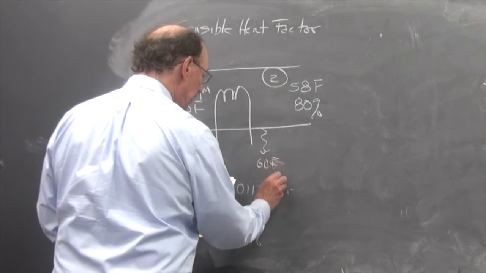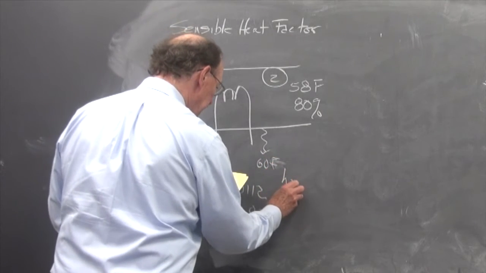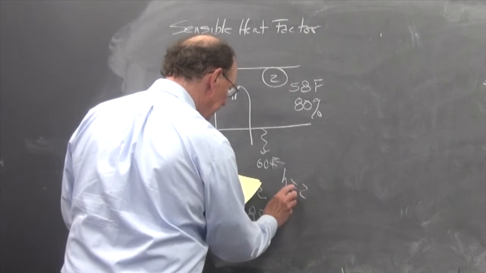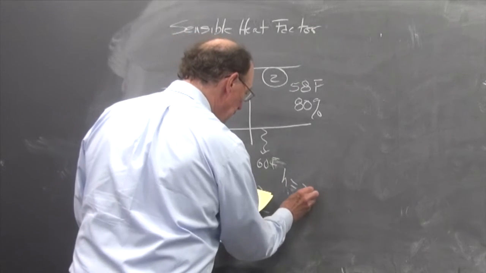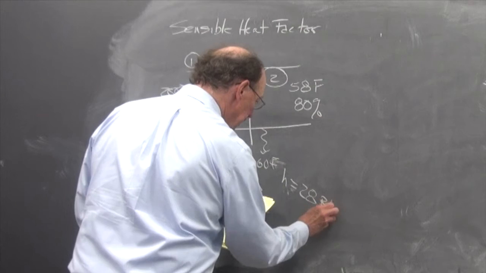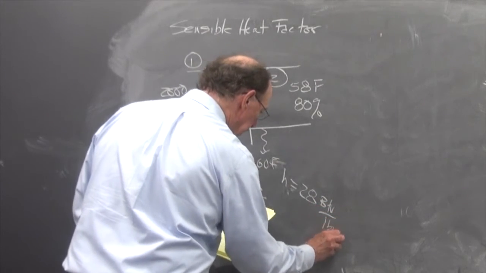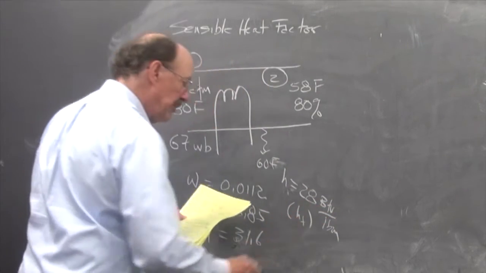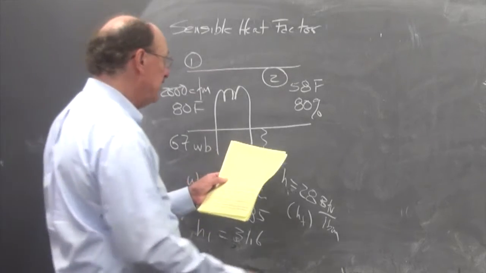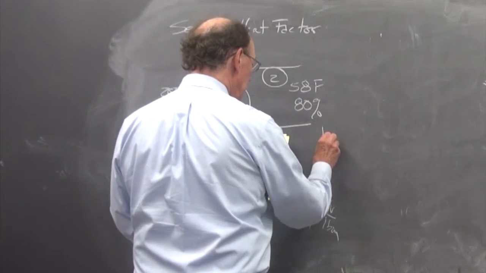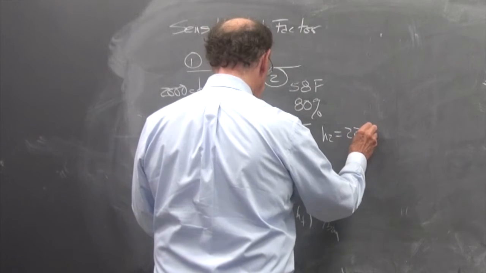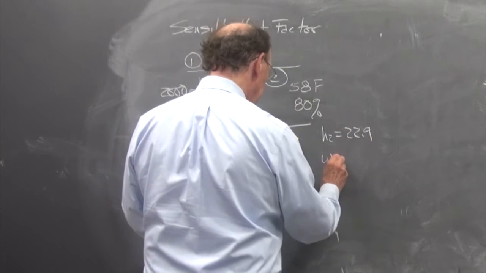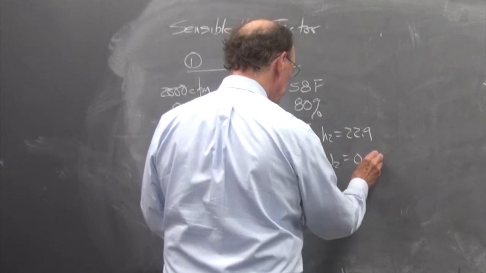At 60 degrees Fahrenheit, H is equal to 28 BTUs per pound mass. That's H sub f, so you look that up in the tables. And at state 2, H2 is equal to 22.9, and omega 2 is equal to 0.0082.